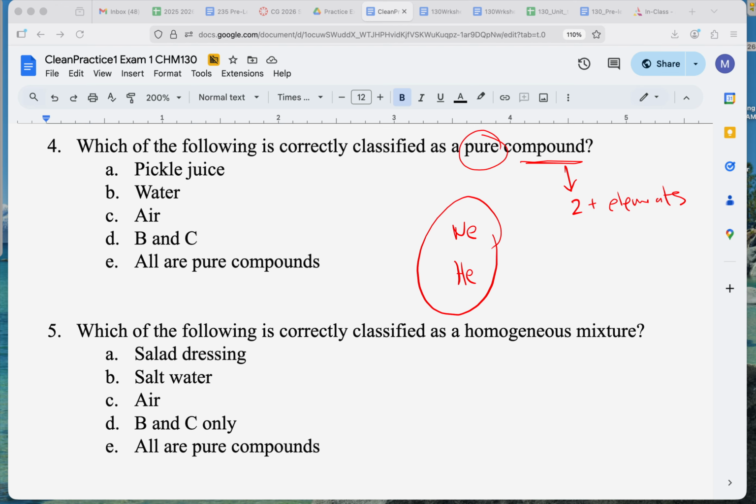It's two or more elements, so why is it not a compound? When we look at this sample that has neon and helium in it, neon and helium aren't chemically linked.